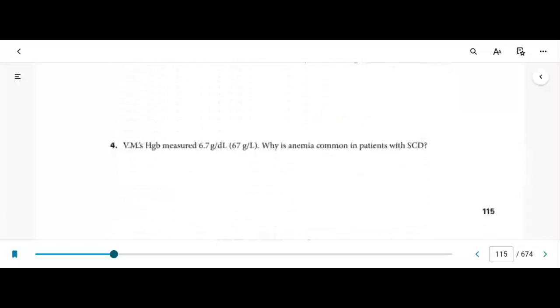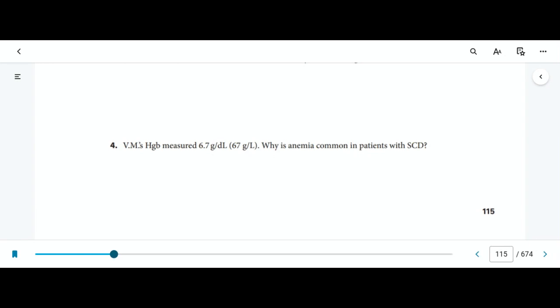So number 4, his hemoglobin is 6.7. Is that high, low, or normal? That's really low, right? So why do folks with sickle cell have anemia? They got a couple different reasons.